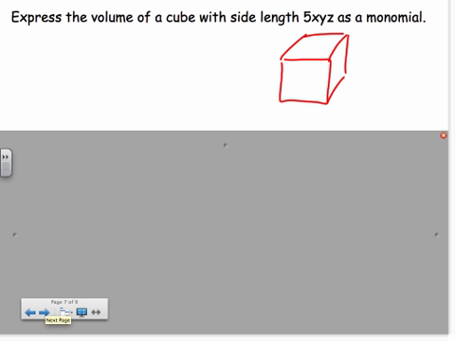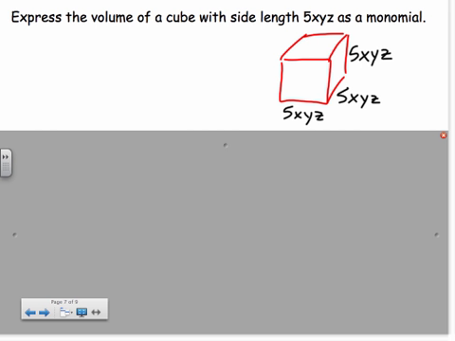And it tells us that the side length is 5xyz. Well, in a cube, it doesn't state it's a rectangular prism. It states it's a cube. In a cube, all sides are the same. So all sides are the same. Every side would be 5xyz.